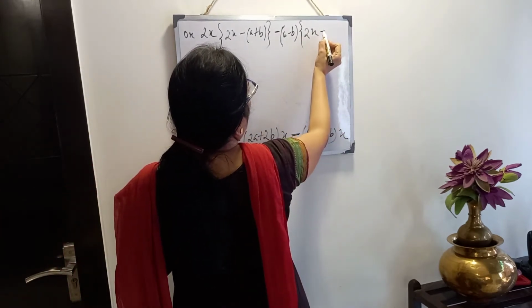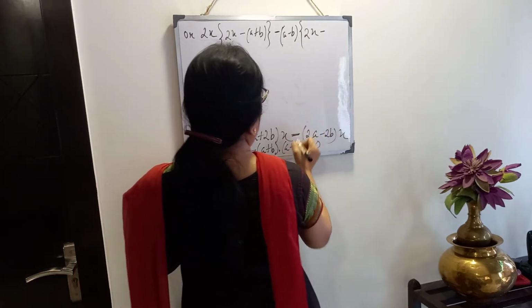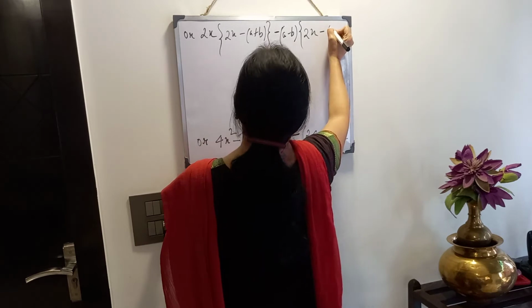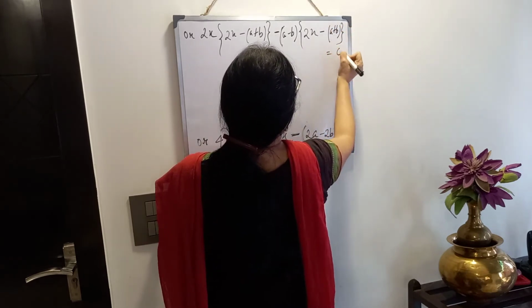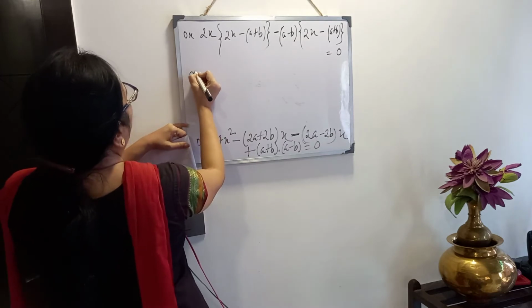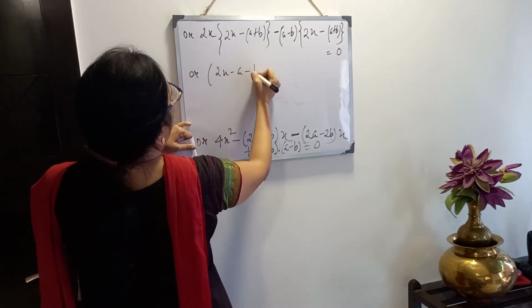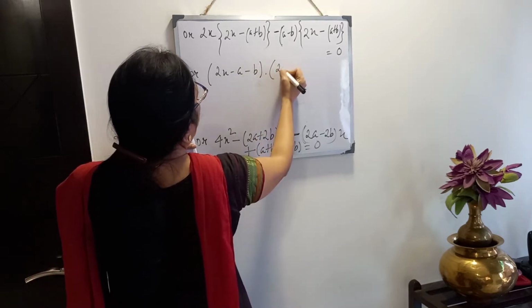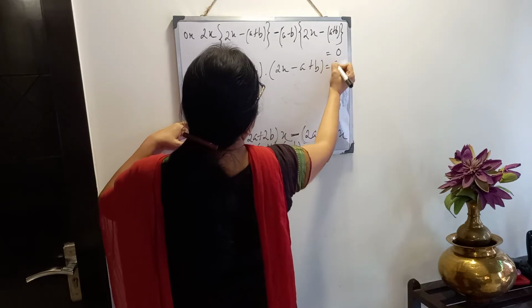When we open the bracket, minus minus will become plus. Now 2x, a minus b I have taken common. A plus b equals 0, or 2x minus a minus b into 2x minus a plus b equals 0.